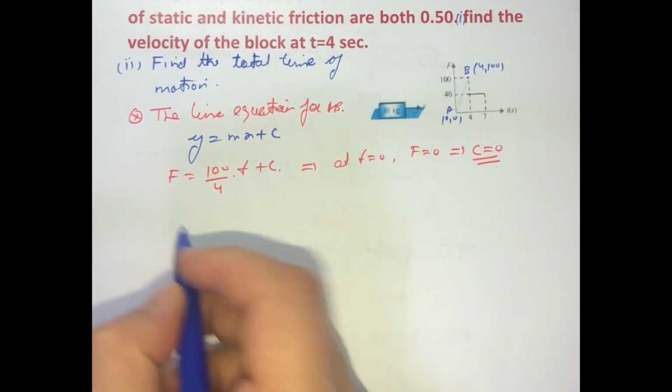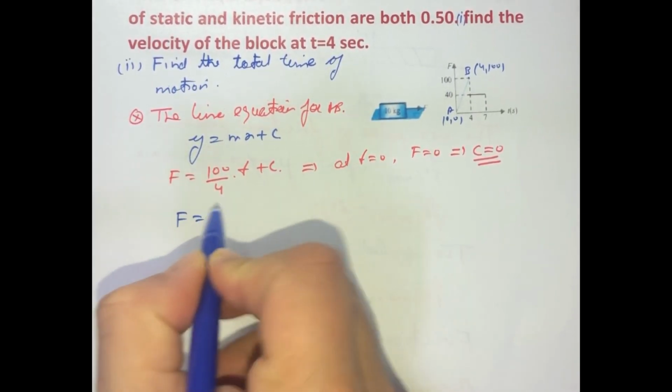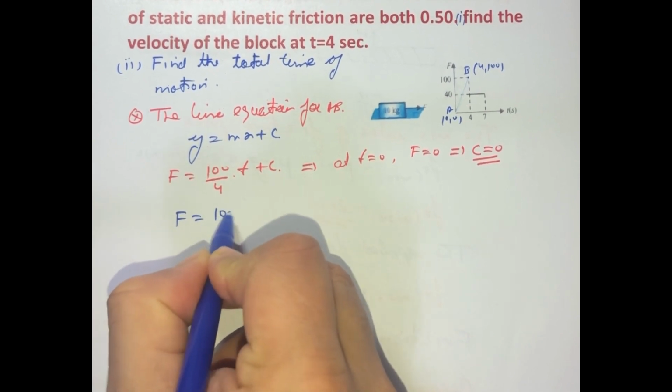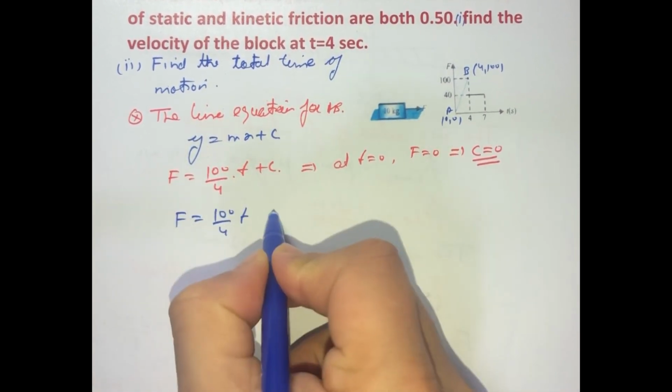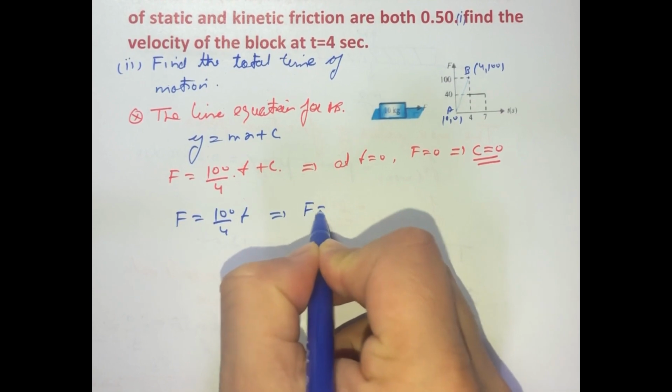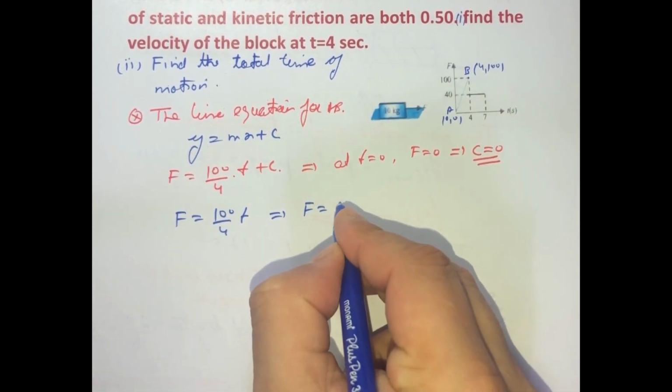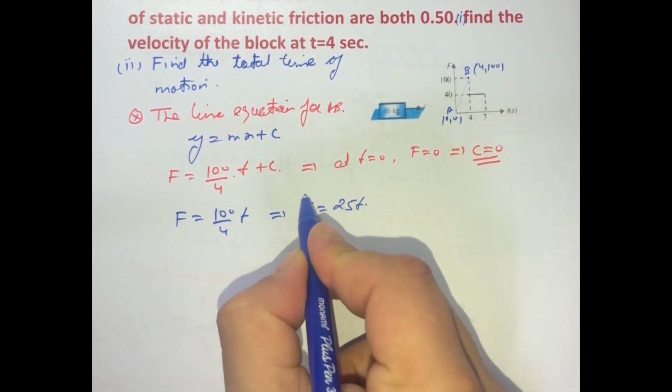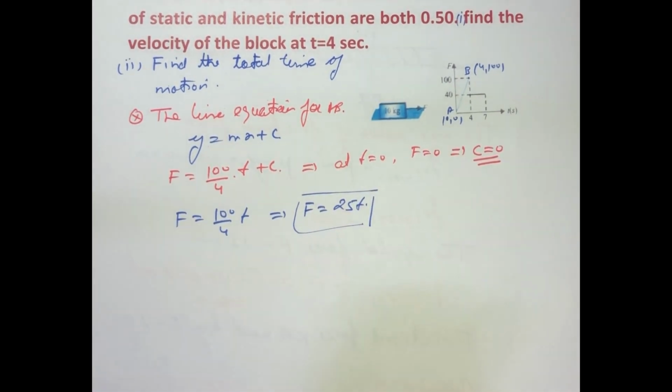Therefore F equals 100 upon 4 t, so the force is equal to 25t. This is the equation for the force.